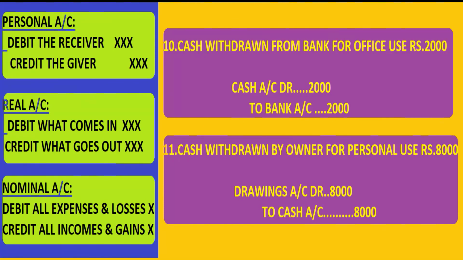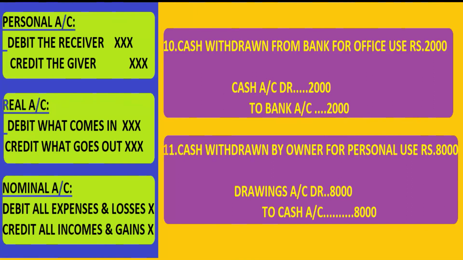As per personal account rule, credit the giver. So we have to credit bank account. And cash is a real asset. It belongs to real account. As per real account rule, debit what comes in. Cash is coming into the business. So cash account debtor 2000 to bank account 2000 is the entry.